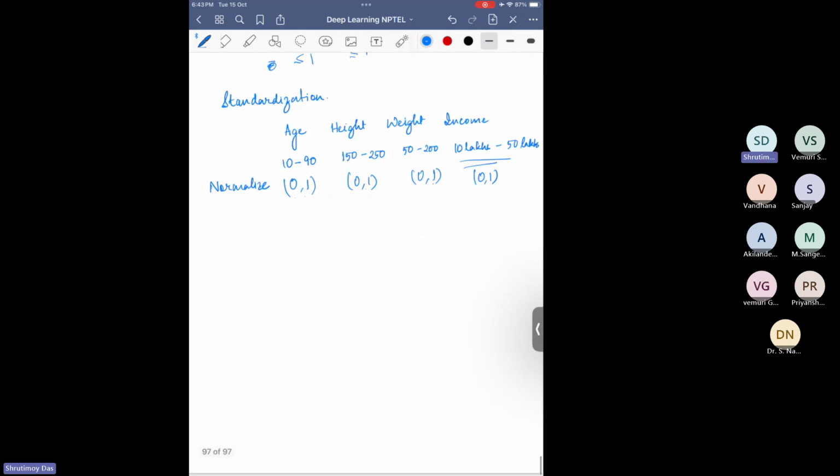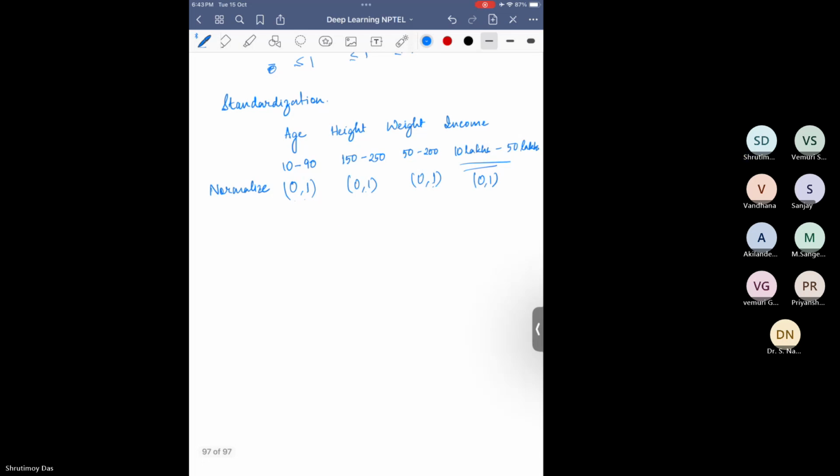In standardization, what we want is, suppose I have 2D data and my data set is something like this. It will be easier if I move this data to this point here.